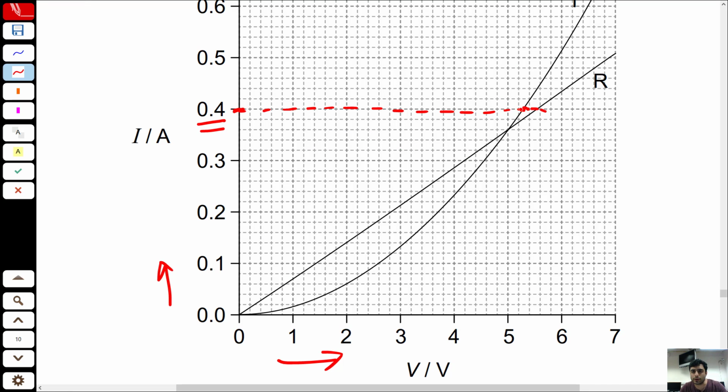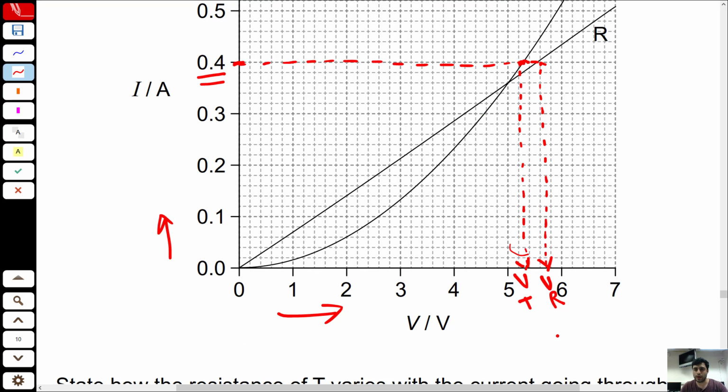This is the voltage for T, and this is the voltage for R. As you can see here, the voltage across T is smaller than the voltage across R for the same current of 0.4 ampere. This is the relationship between the voltages.